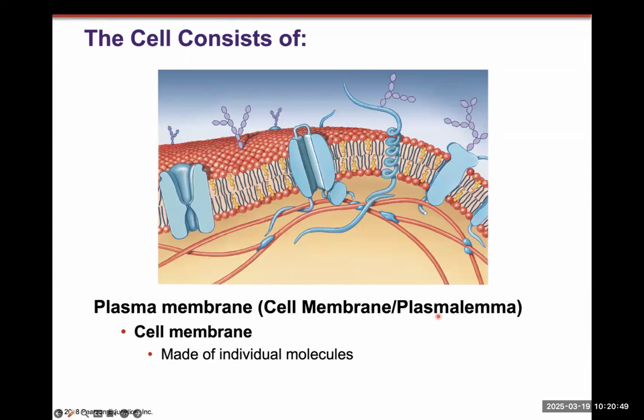Well, if you Google stuff, look at Wikipedia, or grab an article from way back when they didn't use the words plasma membrane or cell membrane, they used plasma lemma instead. If you didn't know what that meant, you'd get really confused reading an article or textbook. In my class, if there are two, three, or four words for the same structure, you have to know all of them. So please, however you do it, maybe make flashcards, don't just write one of them, write all of them when you're trying to learn.